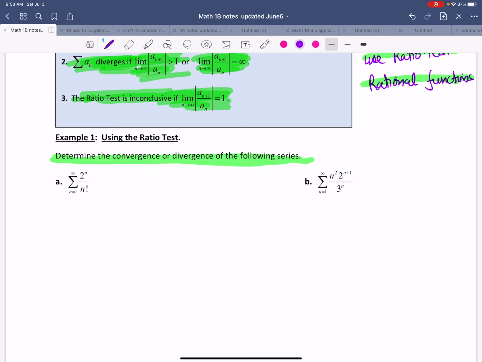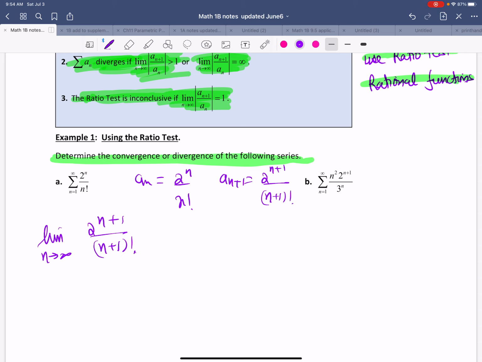So we'll start with the first one, and this is my an. An is 2 to the power n over n factorial. An plus 1 would be 2 to the n plus 1 over n plus 1 factorial. So I'm going to do the limit as n goes to infinity of an plus 1 over an.